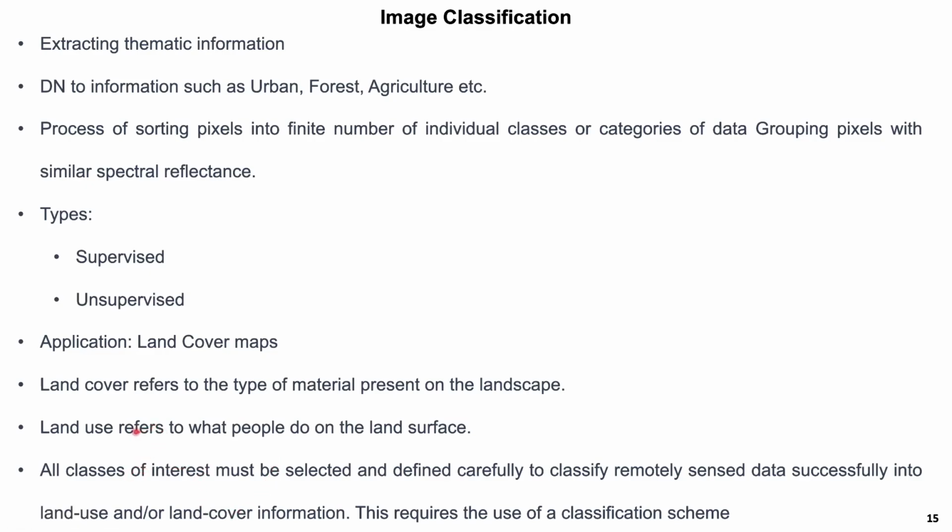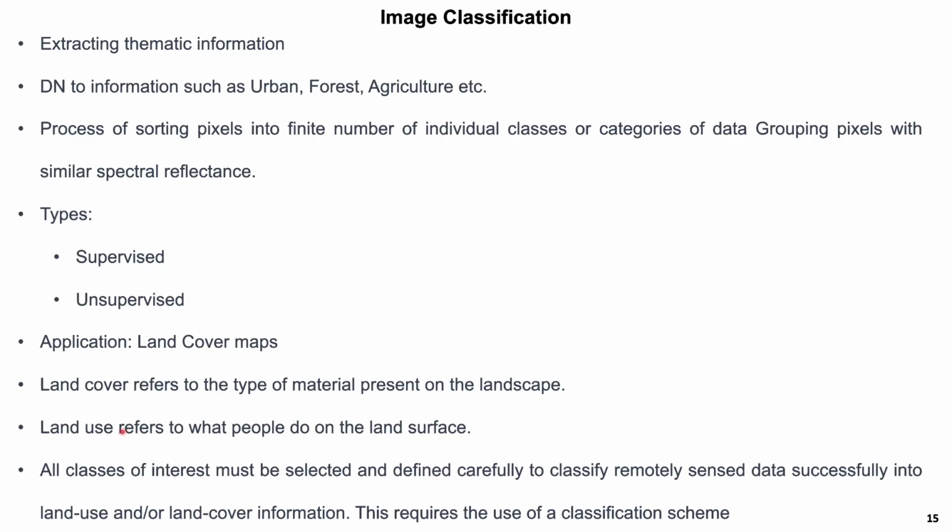Your land cover and land use can differ. Your land use might be intended for some other purpose. Let's say you have a plot area and you leave it for a very long time.